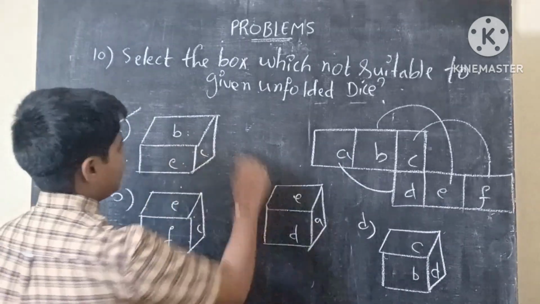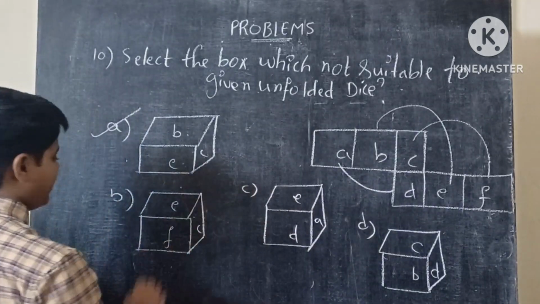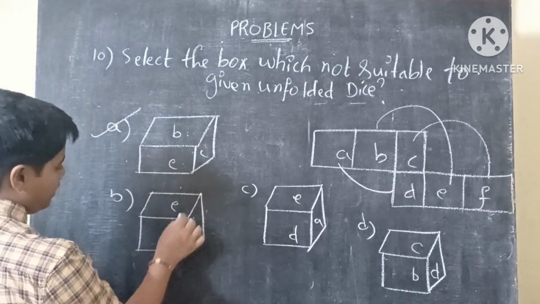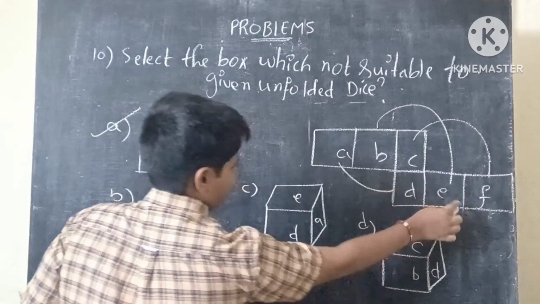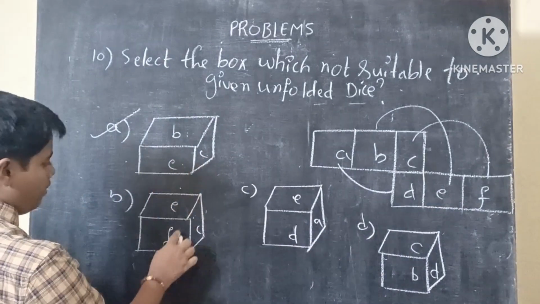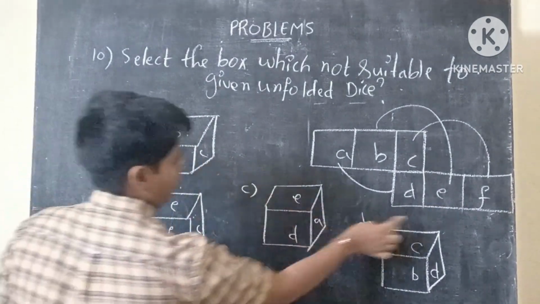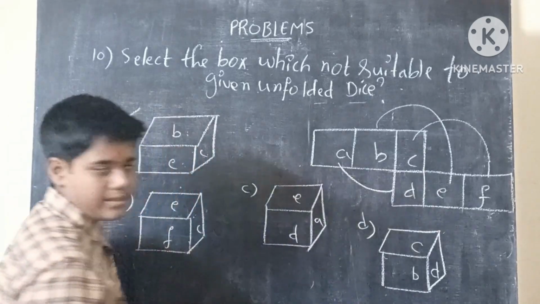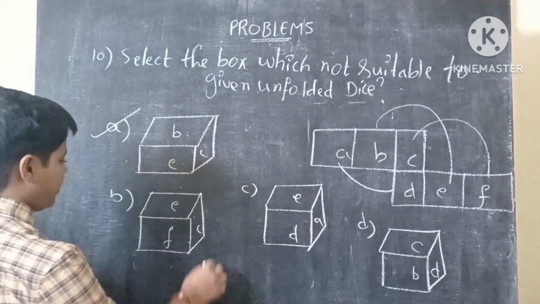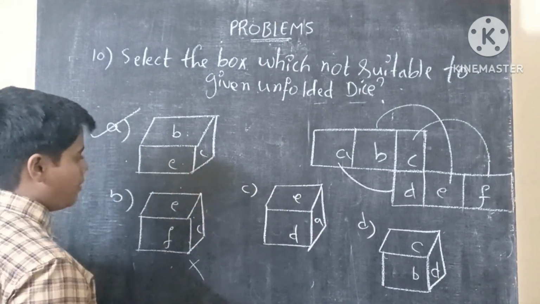We have to find the incorrect option, and if you see option B, here E and F are adjacent. So this is not wrong. E and C are not opposite to each other. So this is not the correct option.